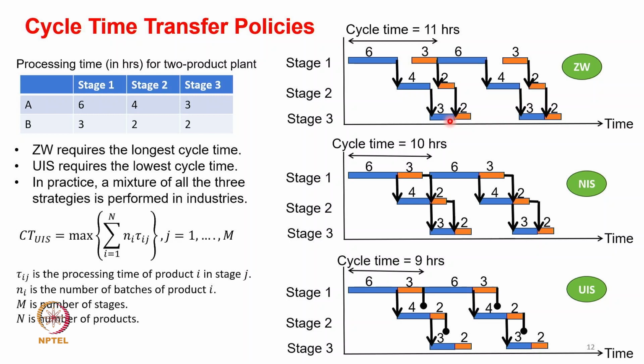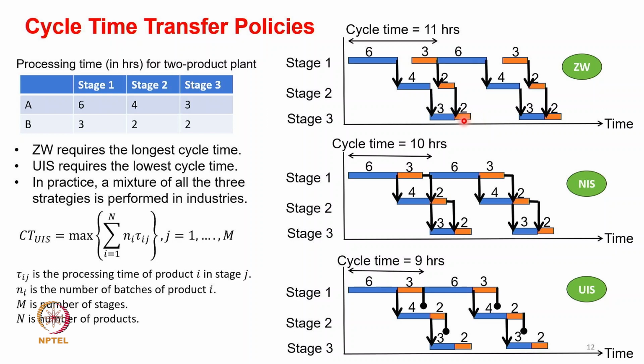You do not have to wait for the entire thing to complete, but you have to make sure that stage 2 is available only after 4 hours of operation. That is the only bottleneck over here. So, you kind of keep them together.